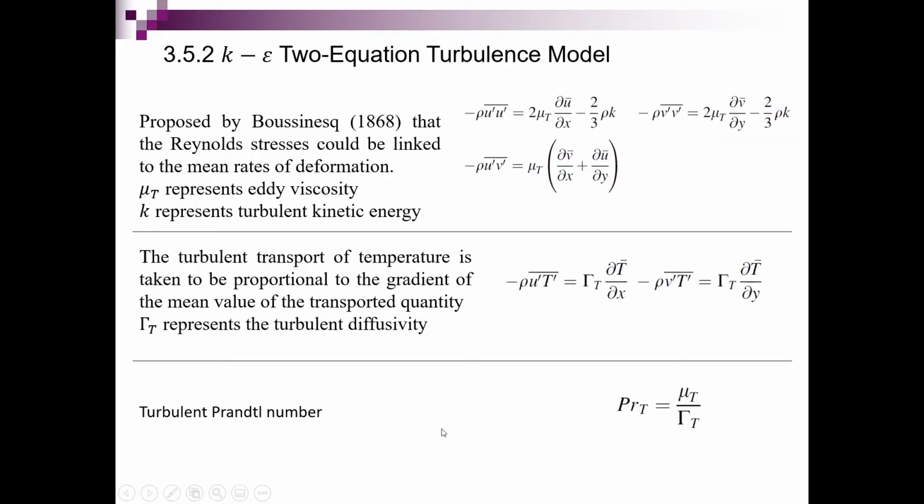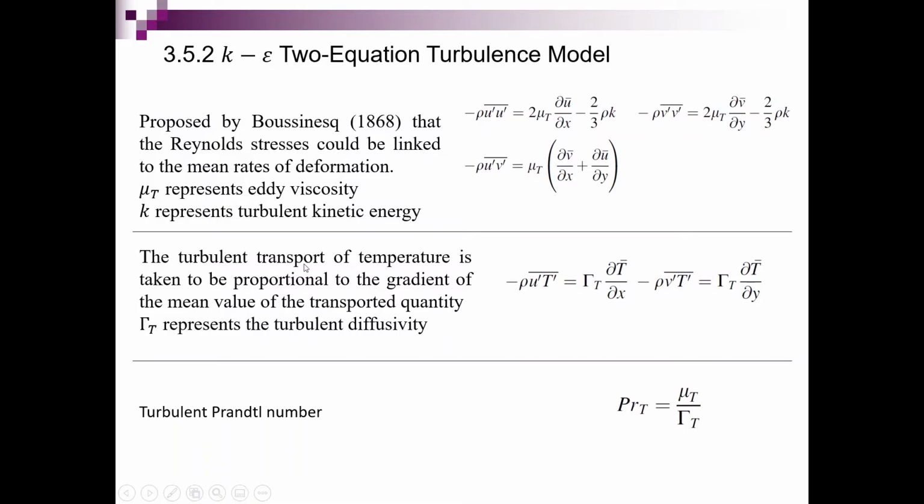There are several equations quite important to be understood here, which are used to solve the mean rates of deformation and to find mu t, which is the eddy viscosity. This is the viscosity that is induced due to the turbulence, and k here is the turbulent kinetic energy.